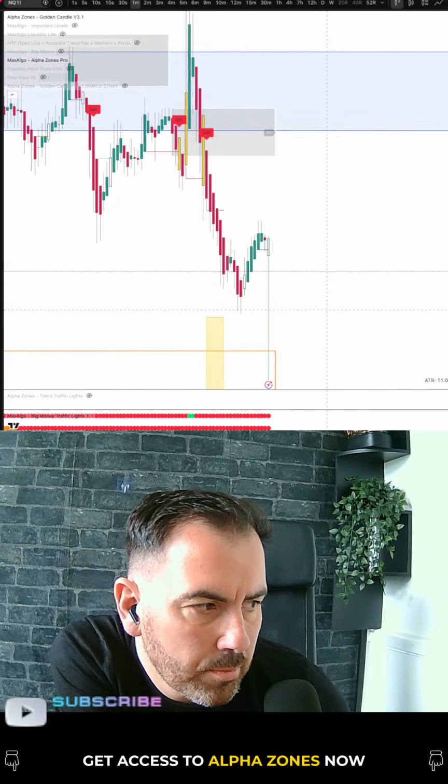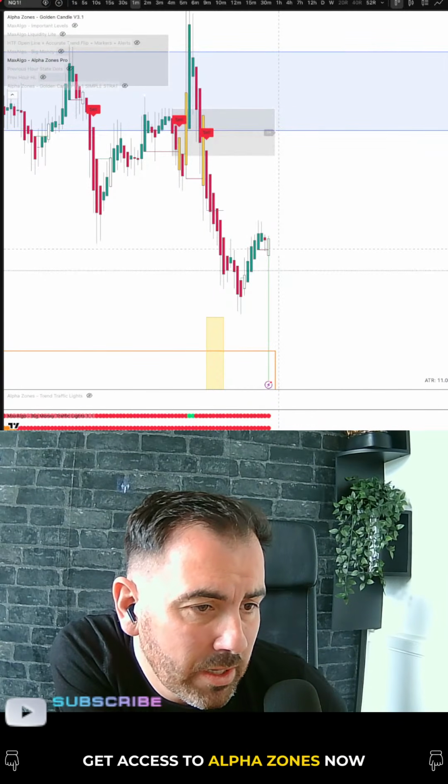Want to be at the low. This candle and break. Stay below here. That would be really helpful.